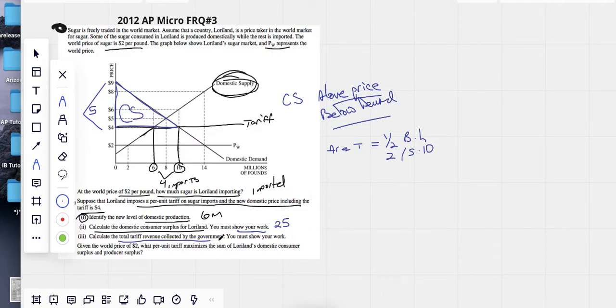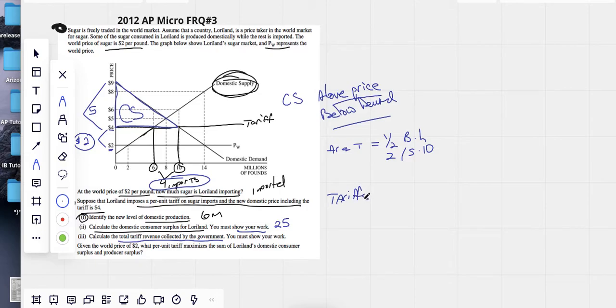Total tariff revenue collected by the government. Now, we figured out that at this new higher $4 price, there's 4 million pounds of sugar being imported. We have to recognize that the tariff kicked it up. The original price was $2. With the tariff, it went up to $4. So our tariff is $2, times 4 million. And tariffs are only taxes.